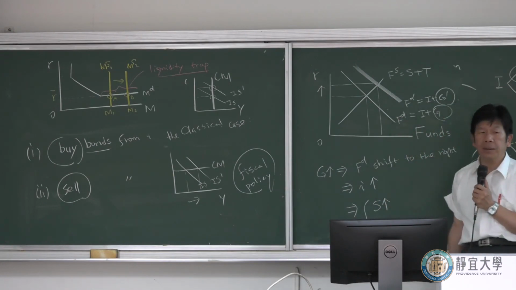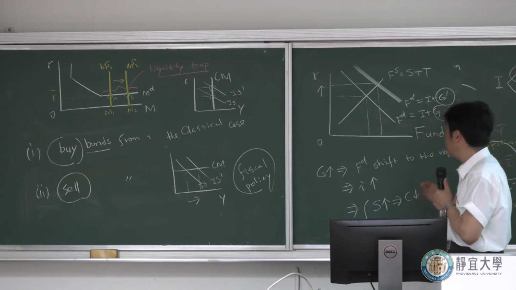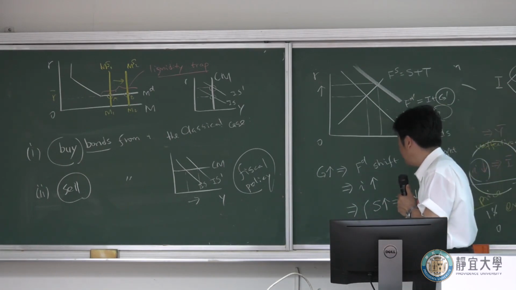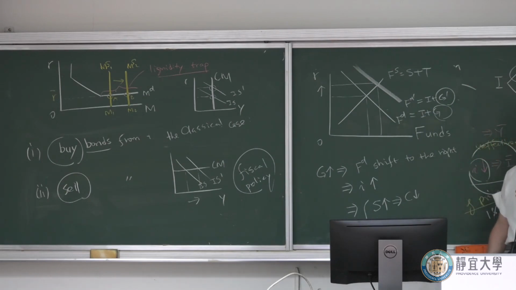S means savings. Savings increase means consumption decreases, and when the interest rate increases, investment also decreases. And after that, you can see.